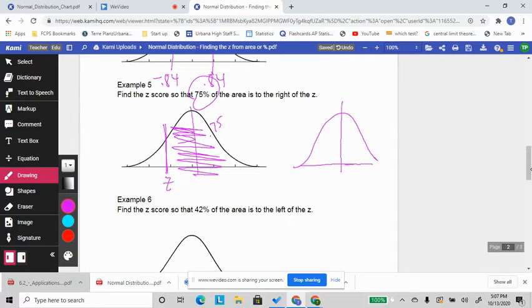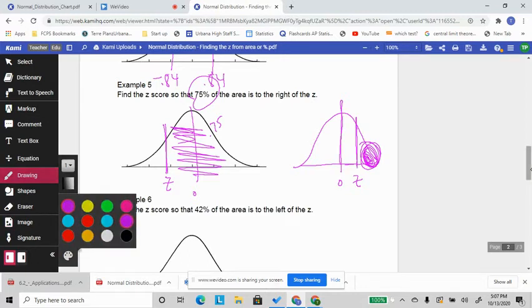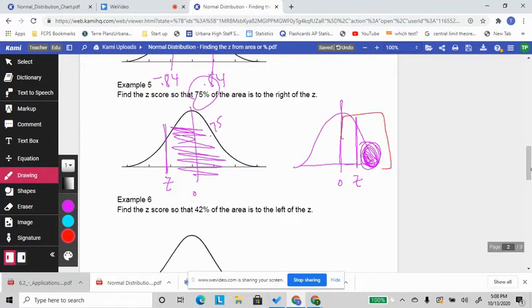If I put a z on the positive side, there's no way to get 75% to the right of it. This whole half of the graph is 50%. So if I want a z-score so that 75% is to the right of it, I'm going to have to go into the negative.